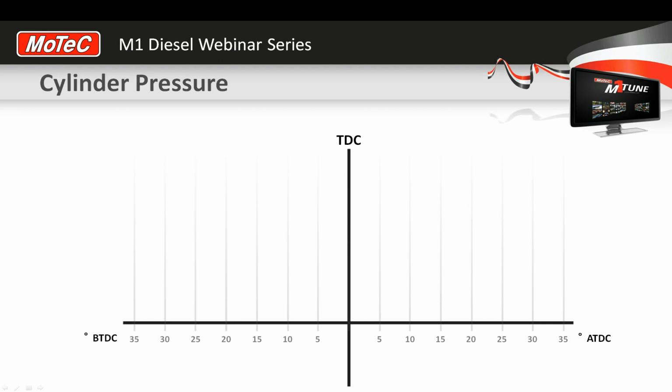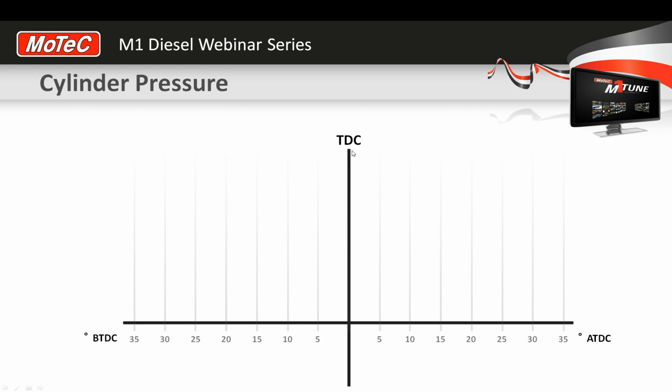So for a cylinder pressure analysis, the resulting graph is usually plotted against engine crankshaft degrees, which we have along here on the horizontal axis, and then pressure up on the vertical axis. And it normally rotates around top dead center.